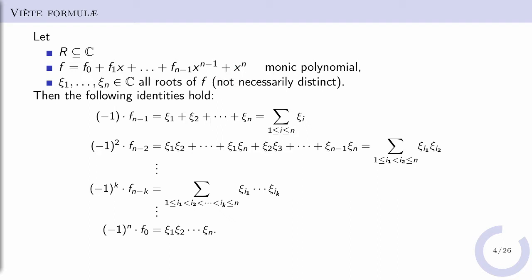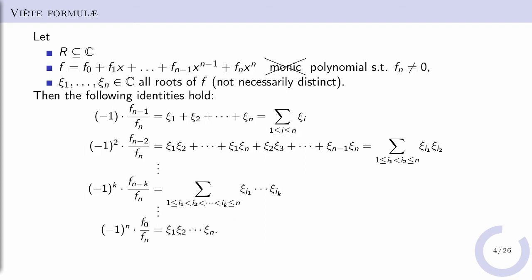If we have a non-monic polynomial, so some non-zero polynomial with some non-trivial leading coefficient here, then we can reduce the problem of expressing the coefficients using roots by normalizing it, just dividing the polynomial by the leading coefficient.